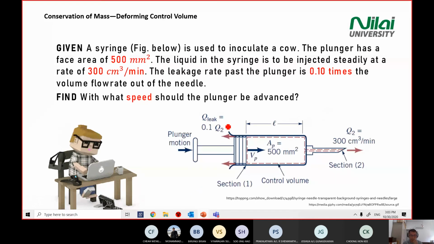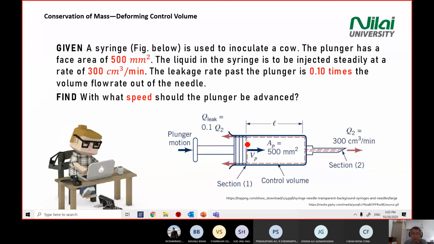So I want you to sketch out whatever you see on the screen here. Just draw out the control volume. You can draw out the syringe profile, right? So in the exam, what we're looking at is the red color, the control volume here.